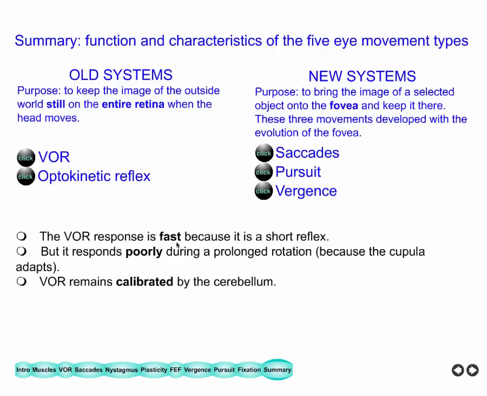We saw the VOR is fast because it's a short reflex. So every time you turn your head, you have to move your eyes, and that's fast. But it responds poorly to prolonged rotation because the cupula springs back. And the VOR is calibrated by the cerebellum.